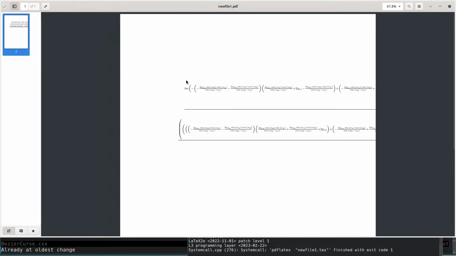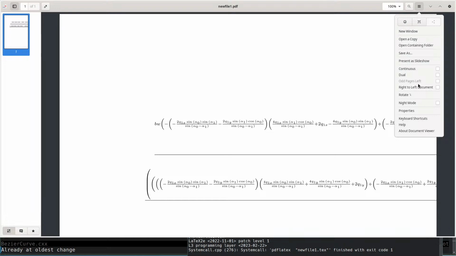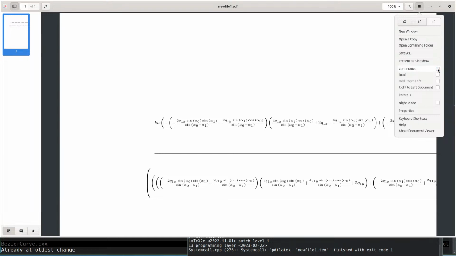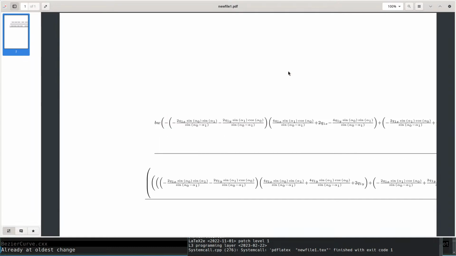It's cut off here. Really? Surely I can tell it that my paper is a little bit wider than this.